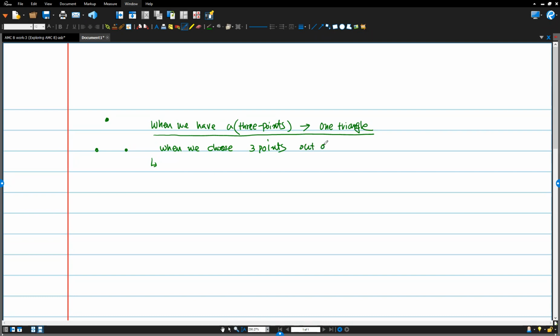Out of N, we choose 3 points; that is, we say N choose 3, a combination. The formula is N times N minus 1 times N minus 2, and so on.